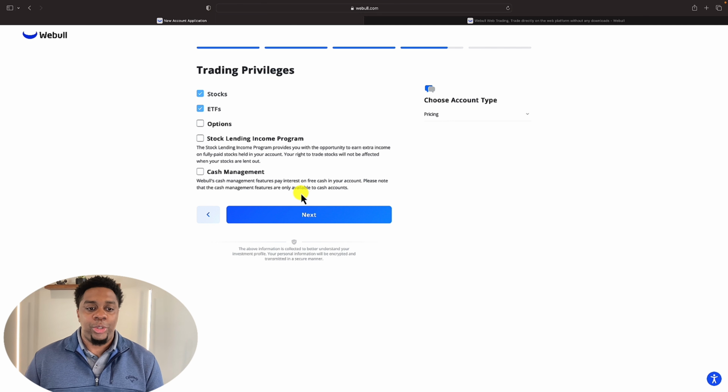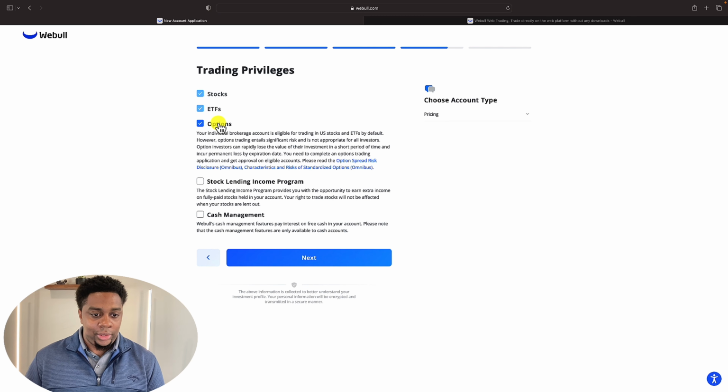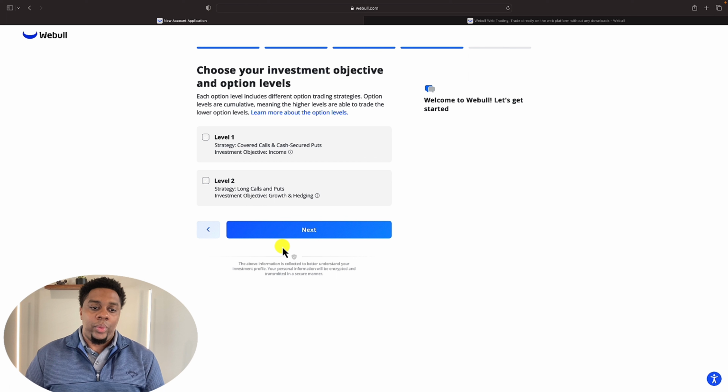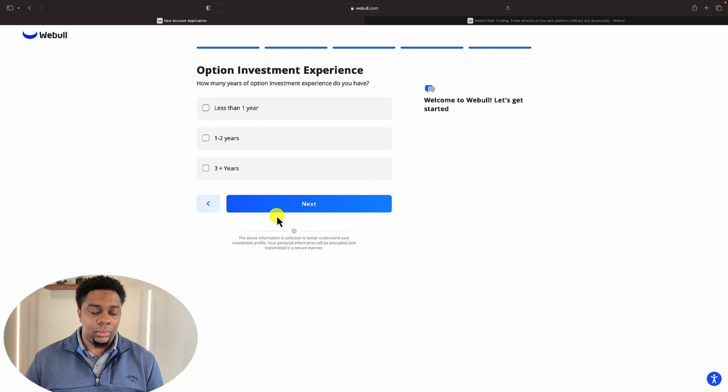Okay, now we're looking at the trading privileges. So what kind of things do we want to be able to trade? Definitely stocks, ETFs, and we'll go ahead and select options. Okay, so when we're looking at the types of options, I want to go ahead and go level 2. I've been trading options for definitely greater than 3 years.